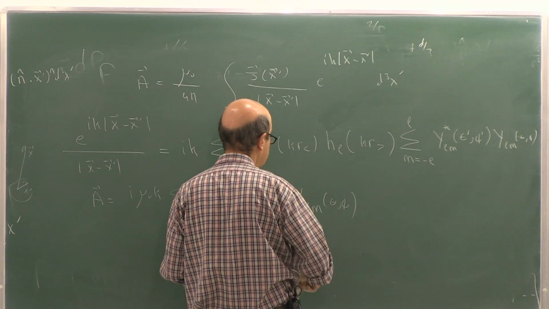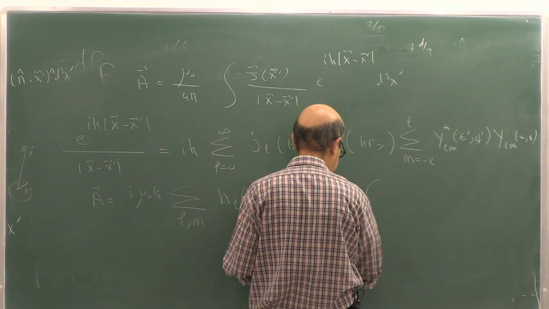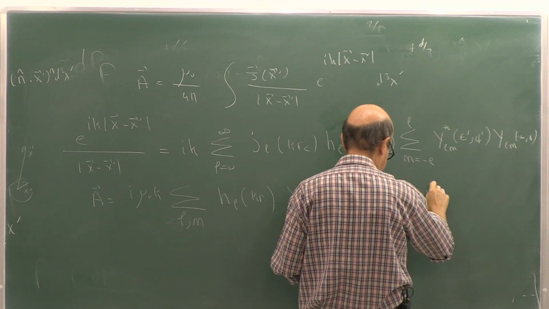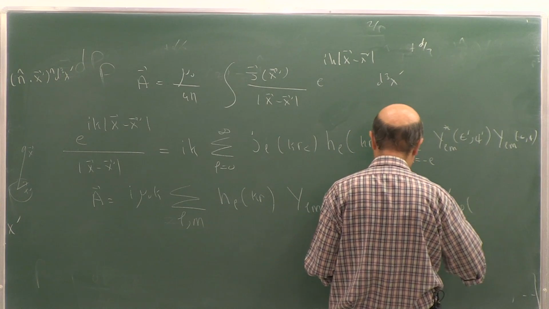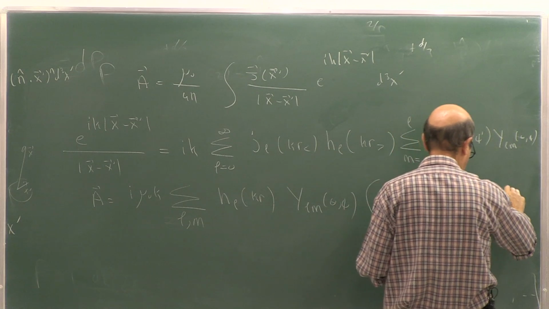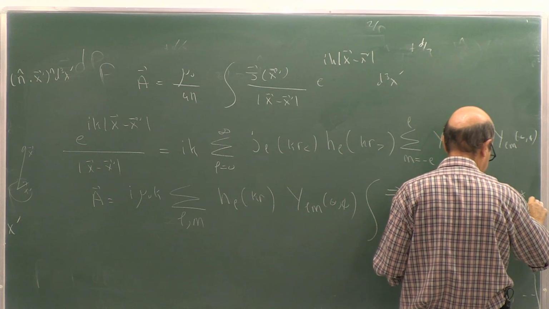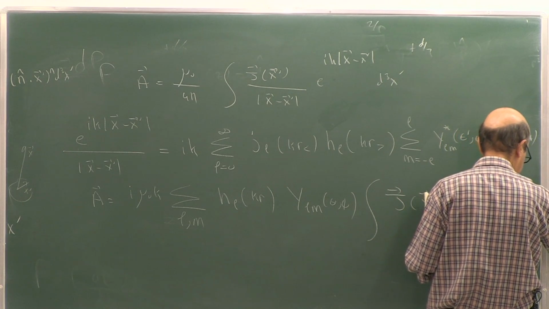And r, the smaller, should be r prime, so it stays with the integral: the current density J(x prime) j_L(kr prime) Y_LM complex conjugate (theta prime, phi prime), integrated through the volume.